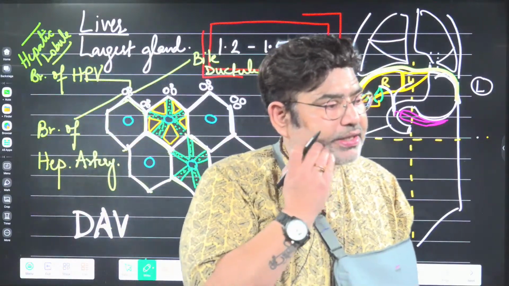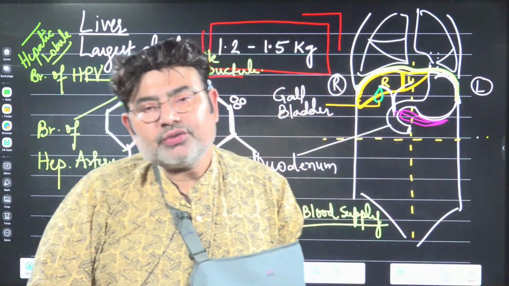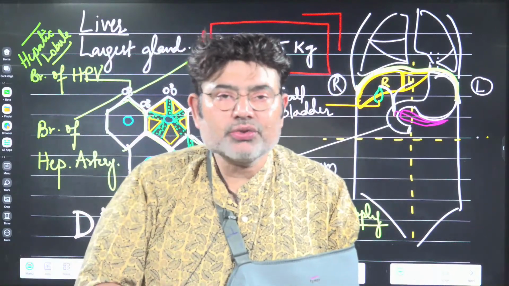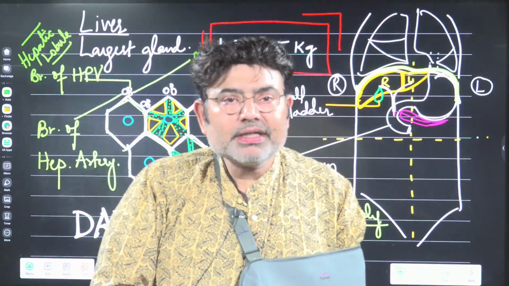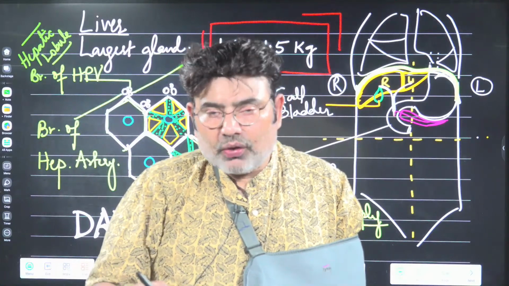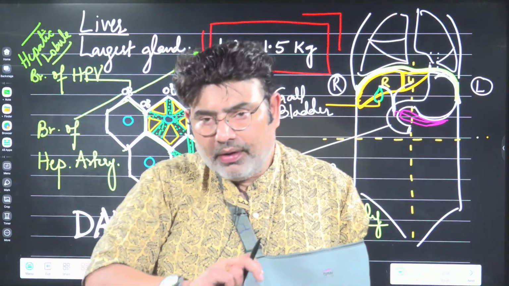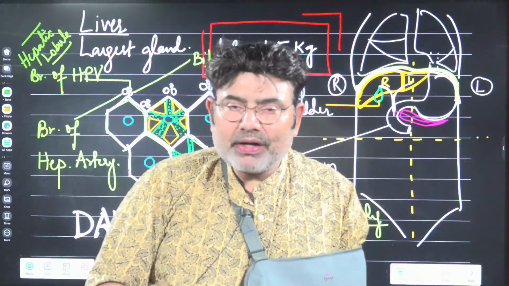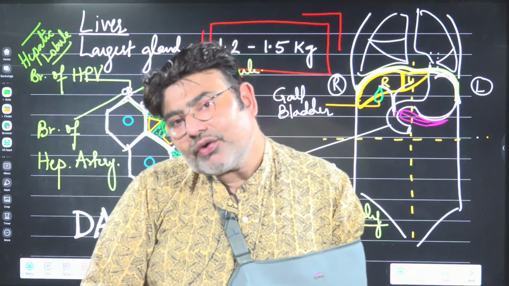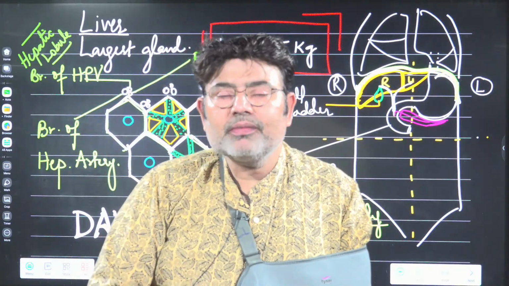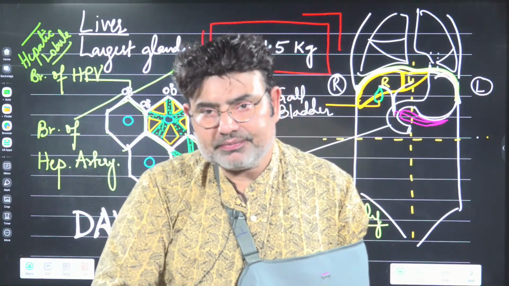Ductule, beta. These are the ductules which ultimately form the hepatic ducts. So all the ductules of the right lobe will combine to form a right hepatic duct, and all the ductules of the left lobe combine to form left hepatic duct.